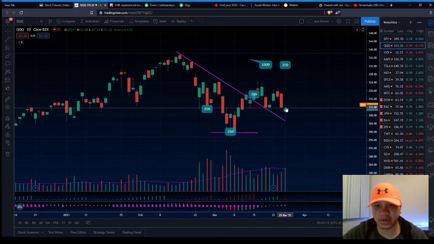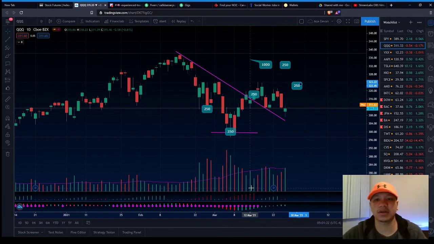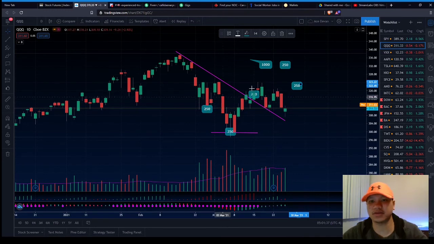So hopefully it will go uptrend and makapag-invest pa tayo na another 250 or somewhere around here. So average price somewhere here instead of buying all this $1,000 in this area.